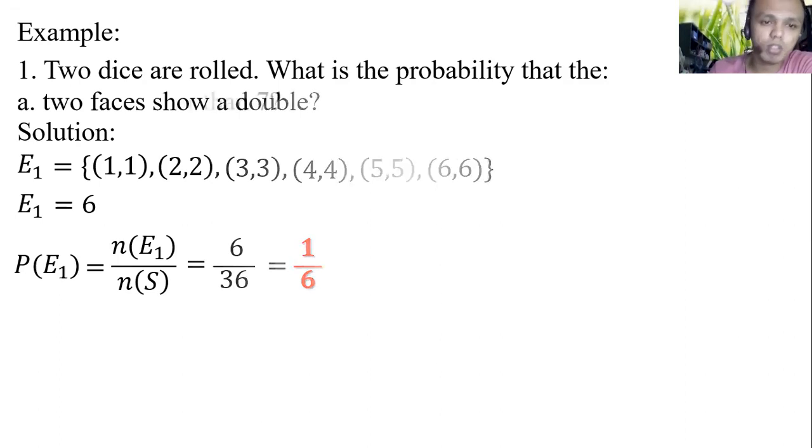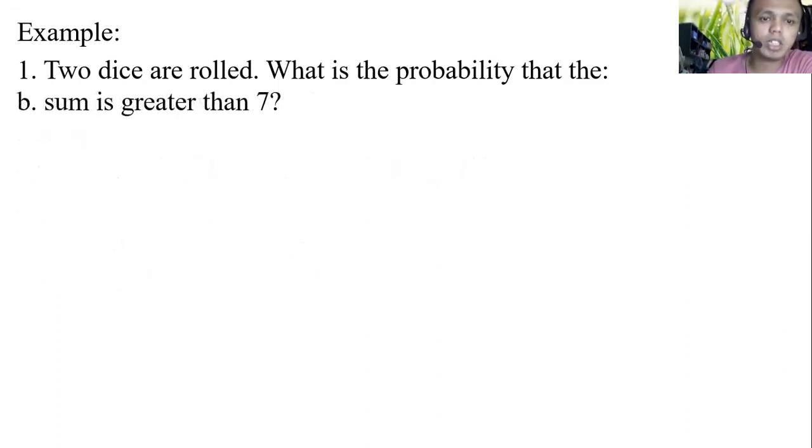Next, the sum is greater than 7. So let us now compute the number of events for letter B. What are the possible outcomes from the sample space whose sum is greater than 7? Greater than 7 means it might be 8, 9, 10, 11 and 12.